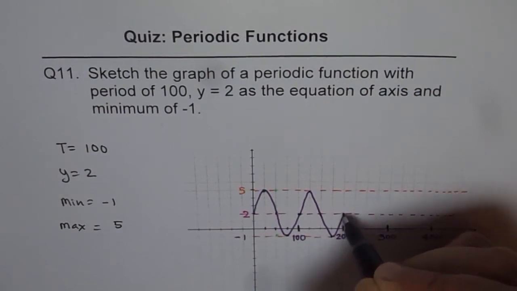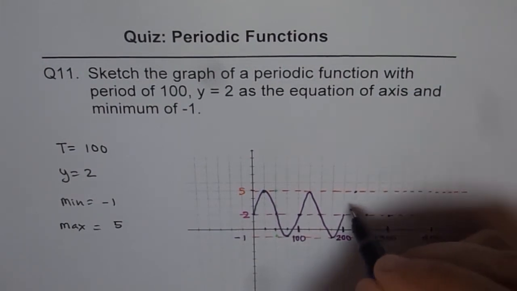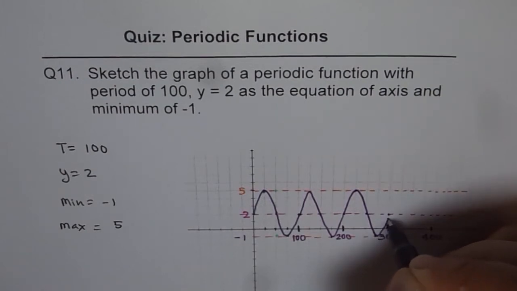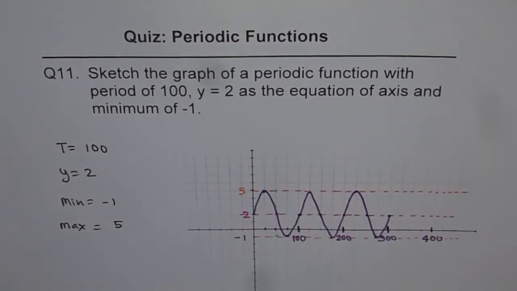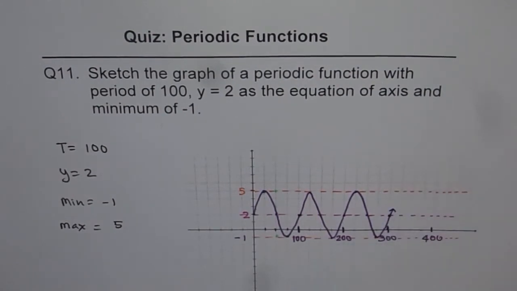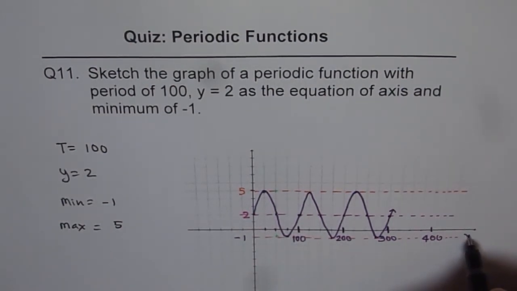This is a good idea in such questions to draw 3 waves. It is never specified, but it is always understood. At times, you may be told to draw 3 waves minimum. So we can draw an arrow saying that it is a periodic function which just repeats with a period of 100 units.